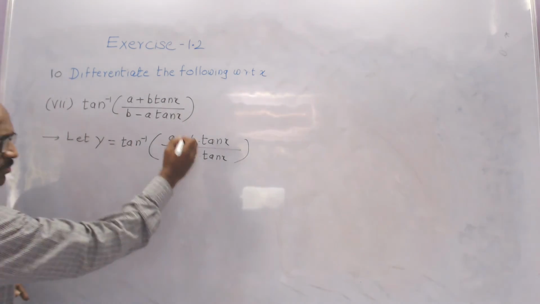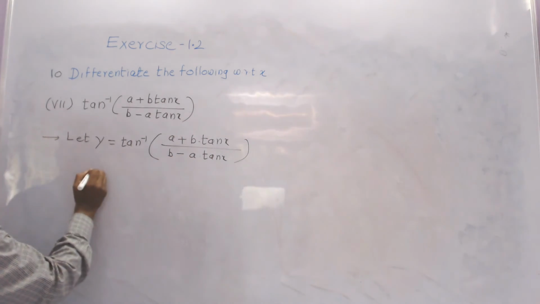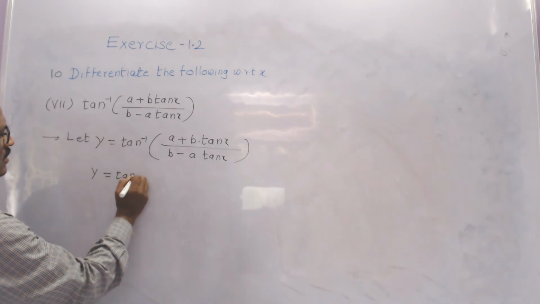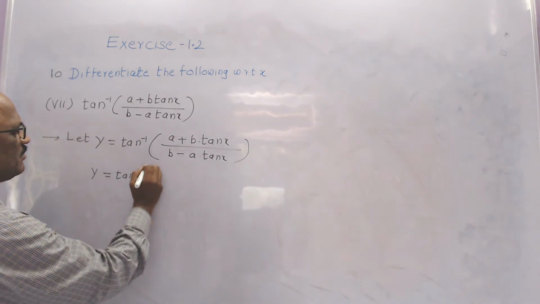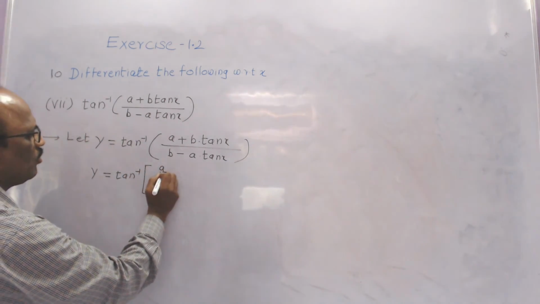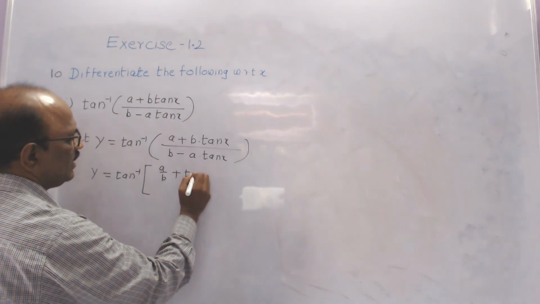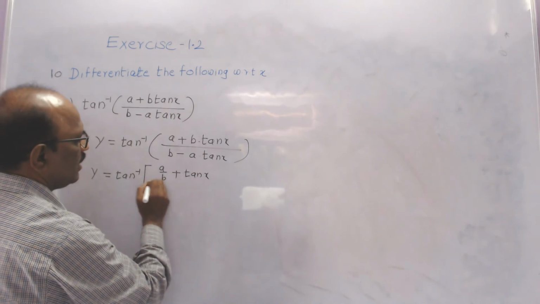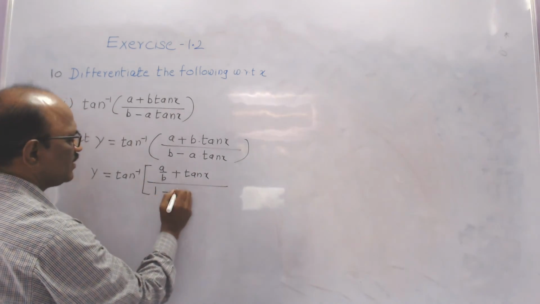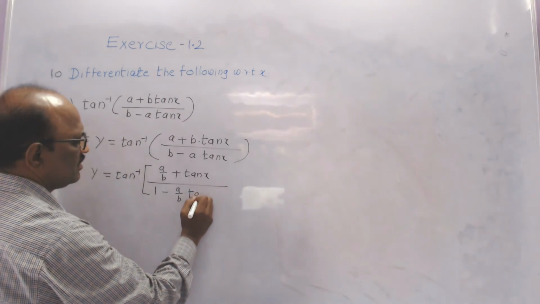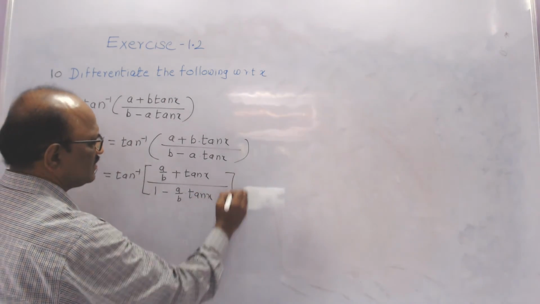If you divide the numerator and denominator by B, then you will get y equals tan inverse in bracket (A upon B plus tan x) upon (1 minus A upon B tan x).